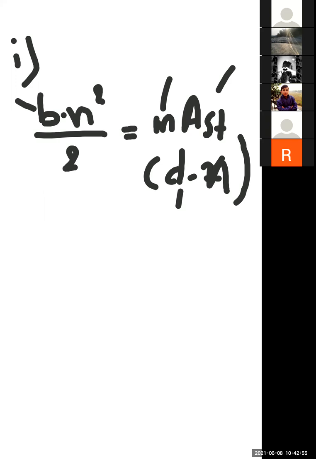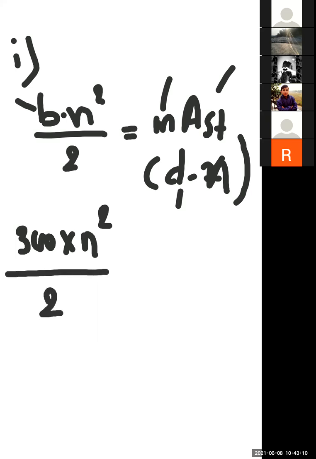What is the value of B? B is 300 mm, right? We still don't know the neutral axis depth, N square. The value of M is given in the question, 11.